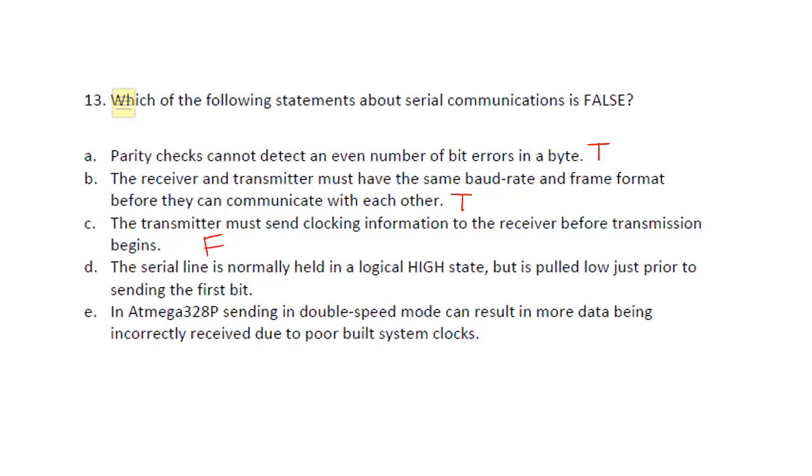If the transmitter is at 9600, the receiver must also be at 9600, and then from there you are able to communicate with each other. So the clocking rate should have already been set to match before you can start the transmission.